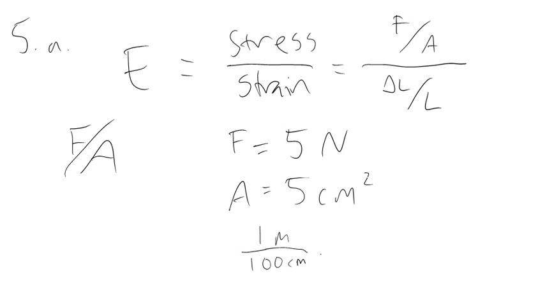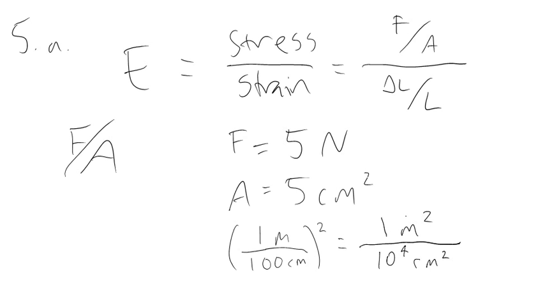It's as easy as taking this unit conversion, 1 meter per 100 centimeters, and squaring it. 1 squared is just 1, and a meter squared is a meter squared. On the bottom, 100 squared is 10,000, or 10 to the 4th power, and a centimeter squared is a centimeter squared. So here I have a unit conversion that will take me from centimeters squared to meters squared.